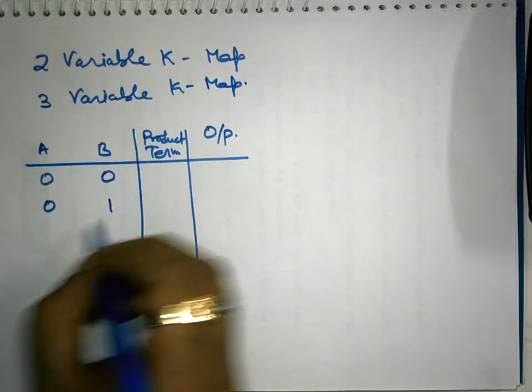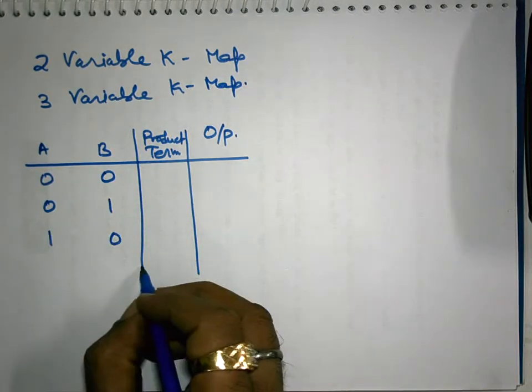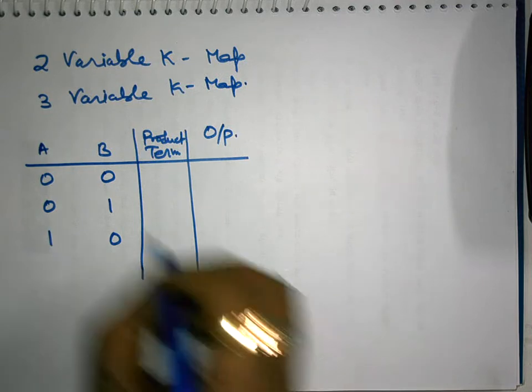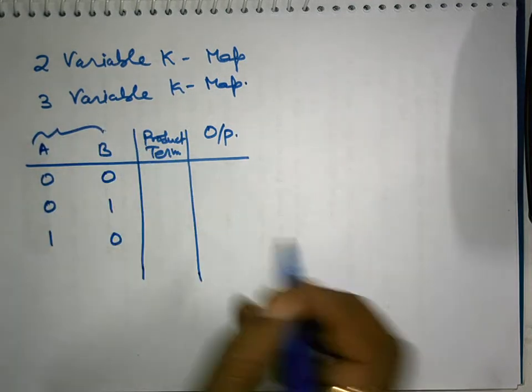The possible inputs are 2 to the power n, where n is the number of inputs.